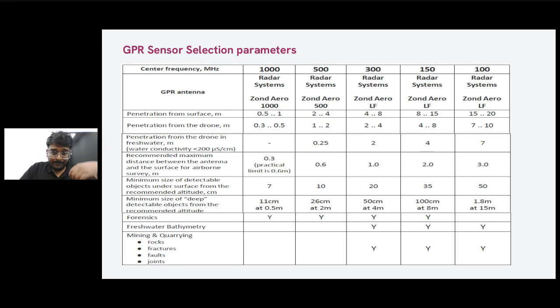As you can see over here, the 300 dipole has a detectable minimum size of 20 centimeters, 150 has 35 centimeters, 100 has 50 centimeters. But on the other hand, the penetration depth of all these three is also higher than that of the high frequency 500 and 1000. For example, the Sound Aero LF300 can penetrate up to 8 meters, 150 can penetrate up to 15 meters, 100 can penetrate up to 20 meters from the surface, and from the drone it will be a little lesser value.